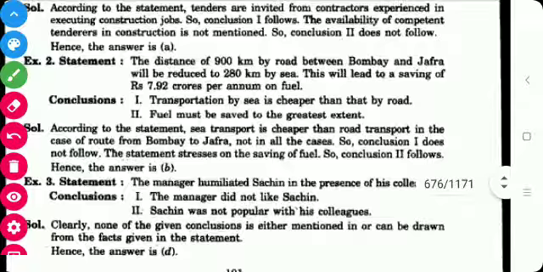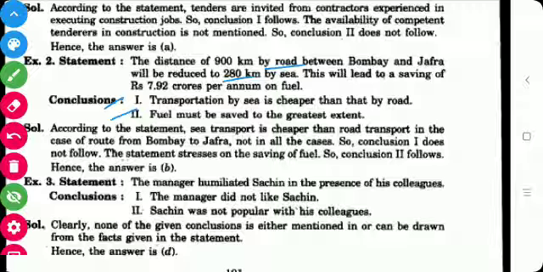The second statement is: the distance of 900 km by road between Bombay and Jafra will be reduced to 280 km by sea. This will lead to a saving of rupees 792 crores per annum on fuel. The conclusions drawn are: transportation by sea is cheaper than by road, and fuel must be saved to the greatest extent.